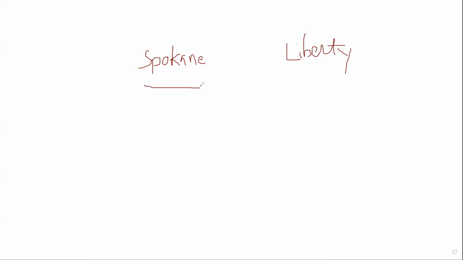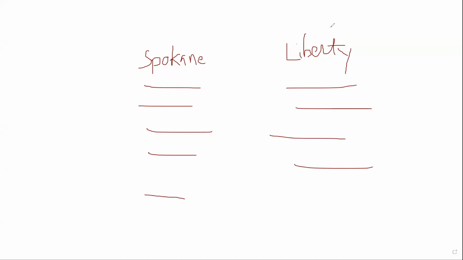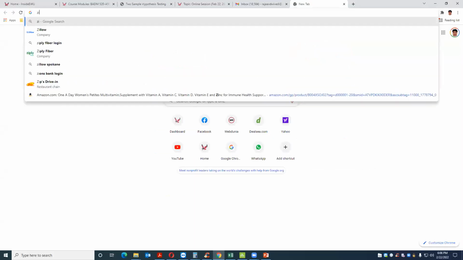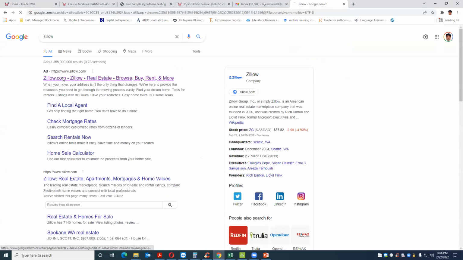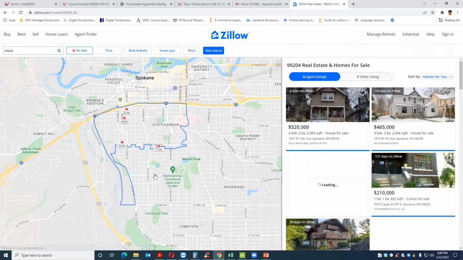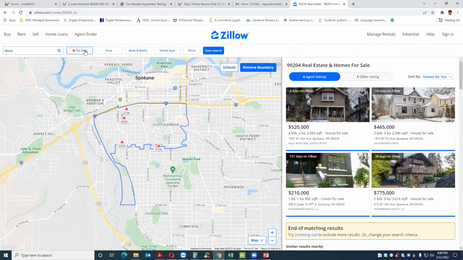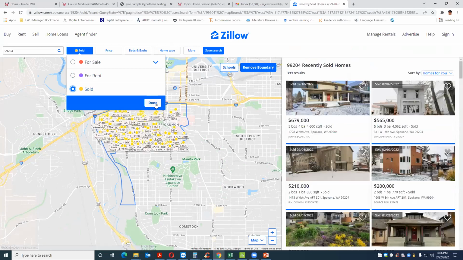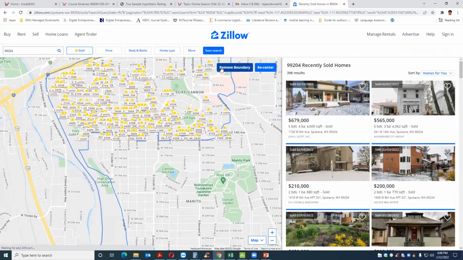So basically I go and collect different housing prices. I go on Zillow. Let's say I'm just going on Zillow. Just a minute, I'm going to share my entire screen. So on Zillow, let's say recently sold, and I can remove the boundaries.